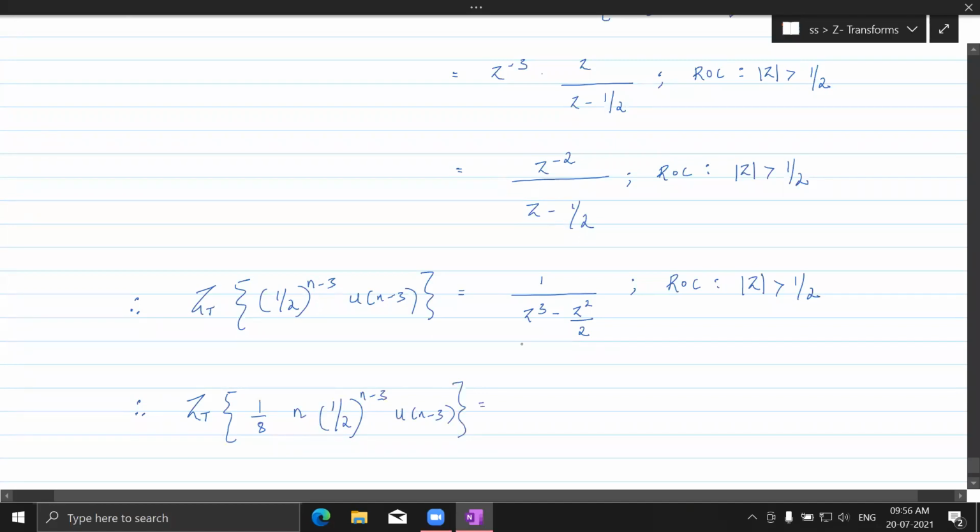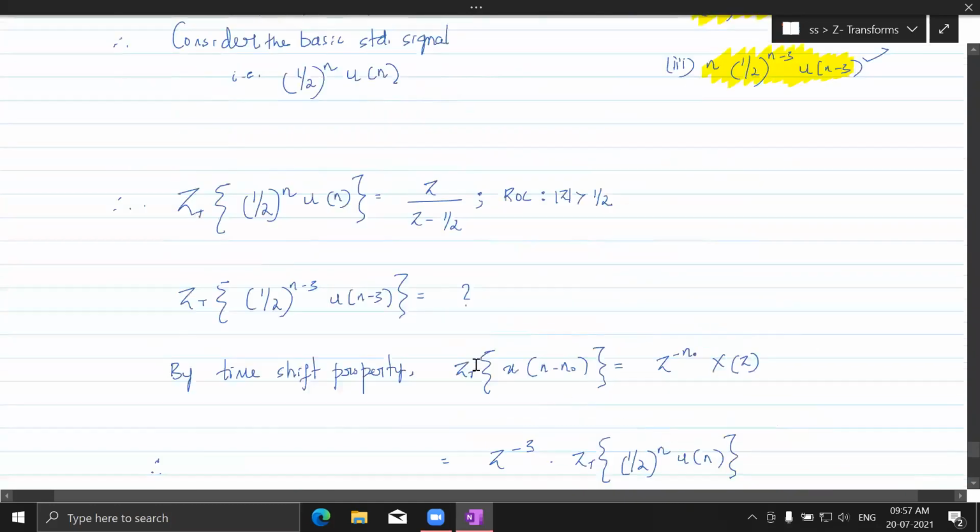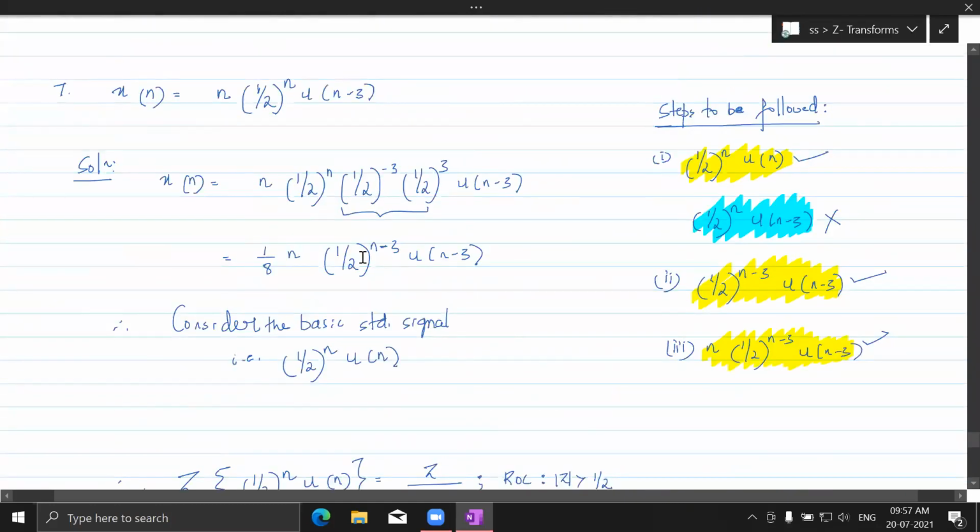It is written as 1 by 8 can be taken out. Then we can apply the Z transform on n times half power n minus 3 u of n minus 3. After modifying the given statement in the required form, there is 1 by 8 to deal with, which was not there in the given expression. If you have 1 by 8, this would be n minus 6.